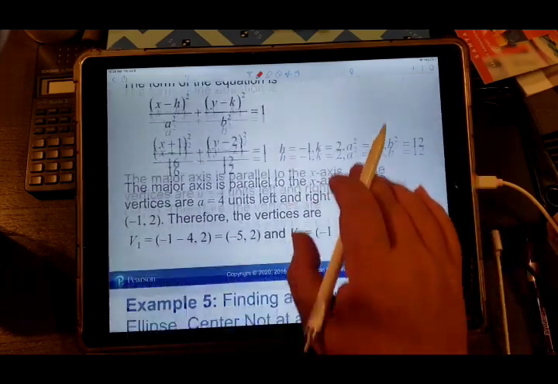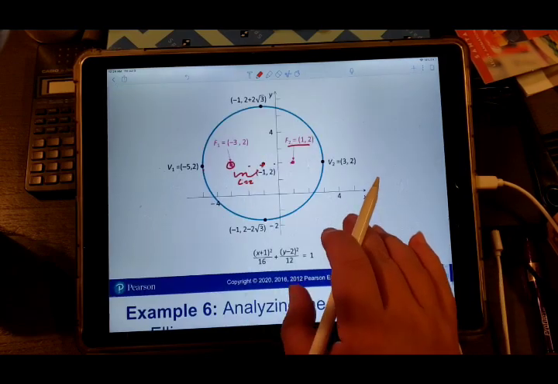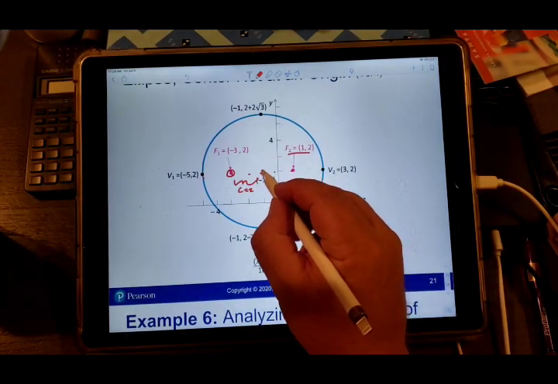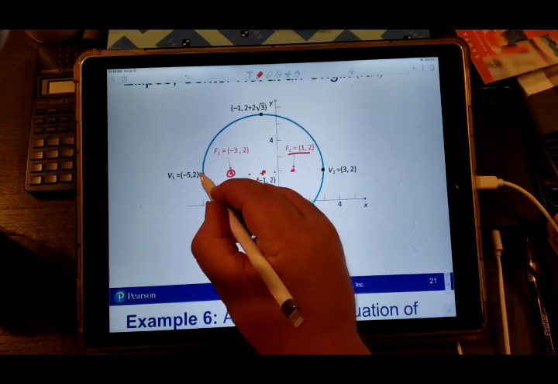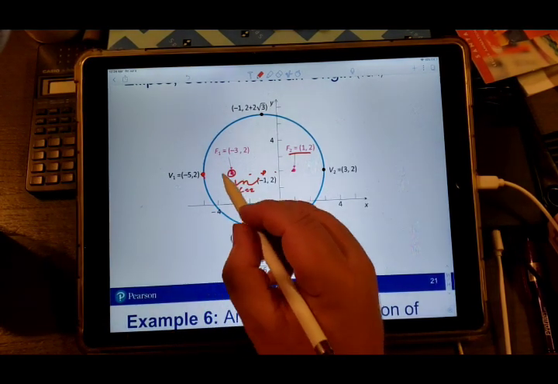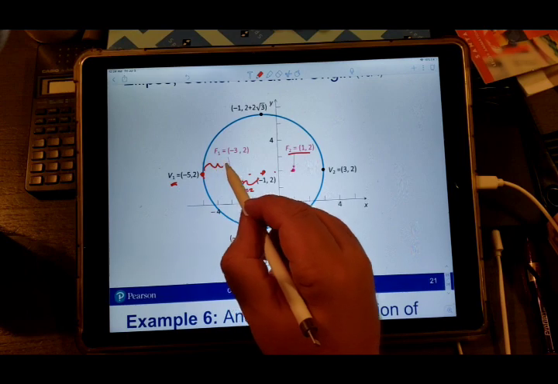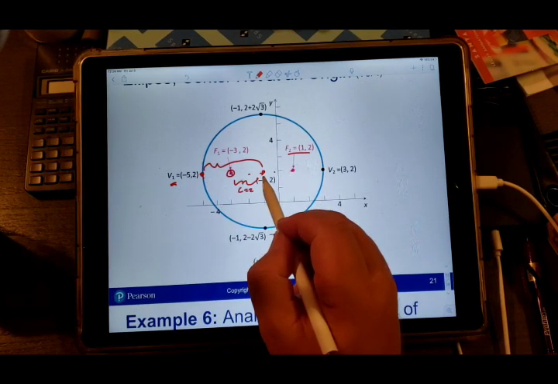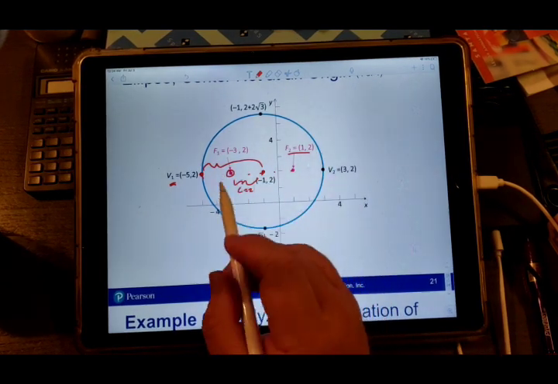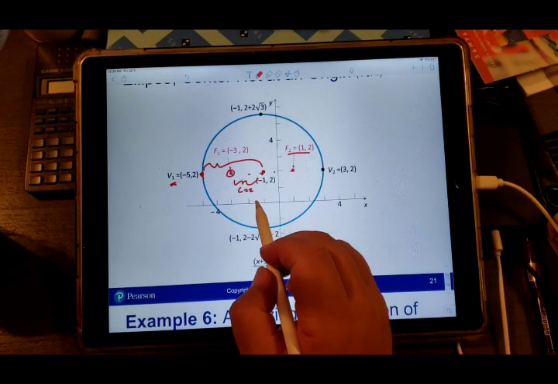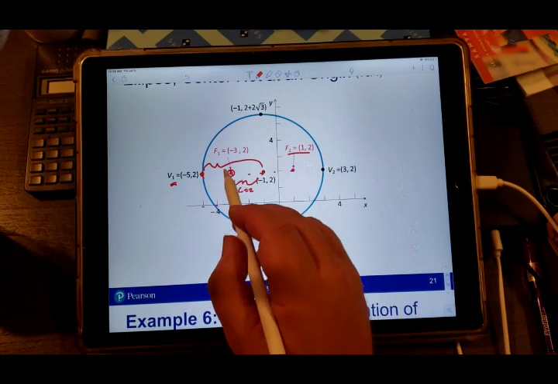Okay, just wanted to see what they gave us. So basically you'd plot this point, and that point. And then you just look at it, and since they called that a vertex, this distance is A. So A is 1, 2, 3, 4.